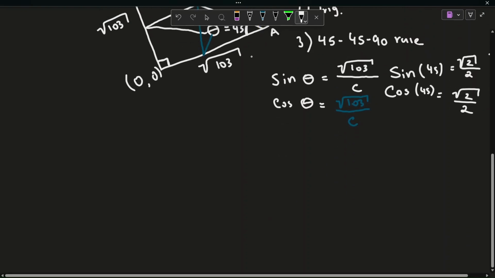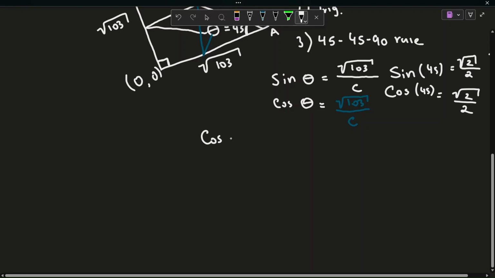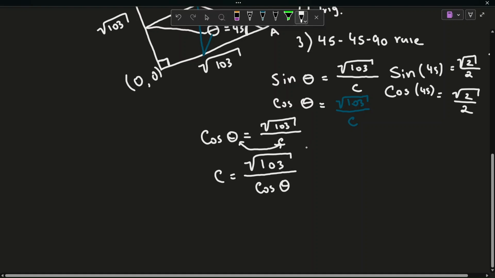If we're going to solve with trigonometric identities, I'm going to go ahead and solve using cosine theta. So cosine theta is equal to square root of 103 over c. And in this situation, when the variable is in the denominator, we can just go ahead and flip these two values, and we'll get c is equal to square root of 103 over cosine of theta.